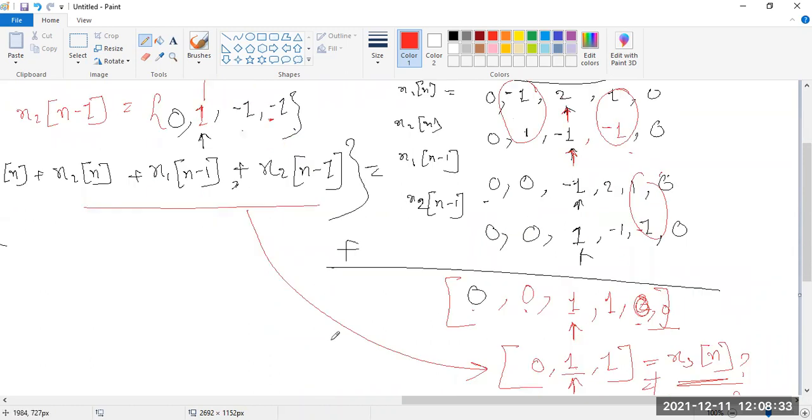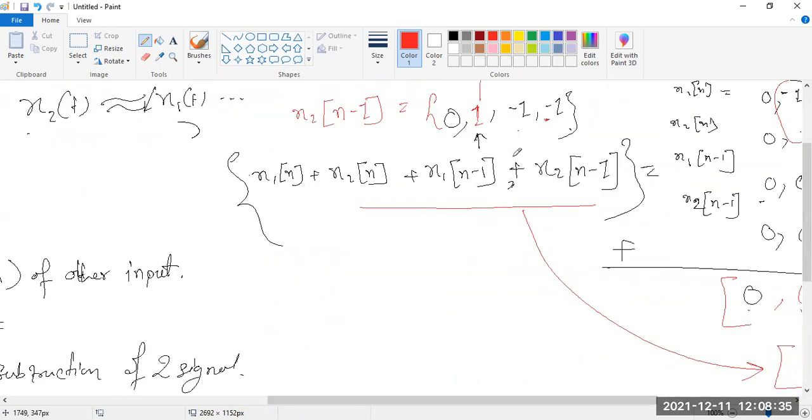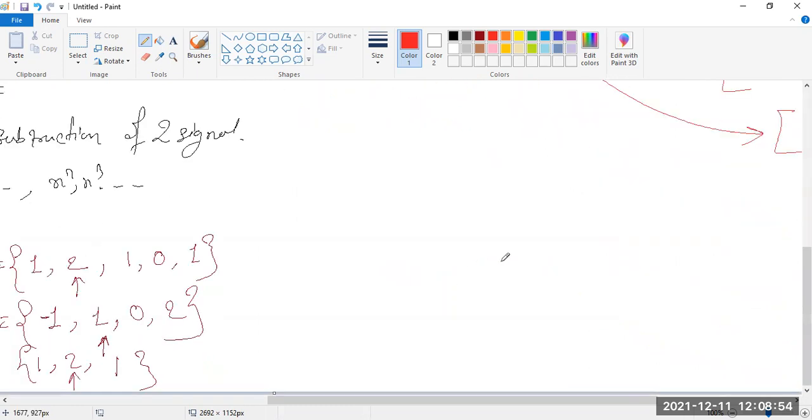So we can write this, this is just equal to x3n. So x3n is expressed in x1 of n and x2 of n also. Okay, now we can perform the first step.